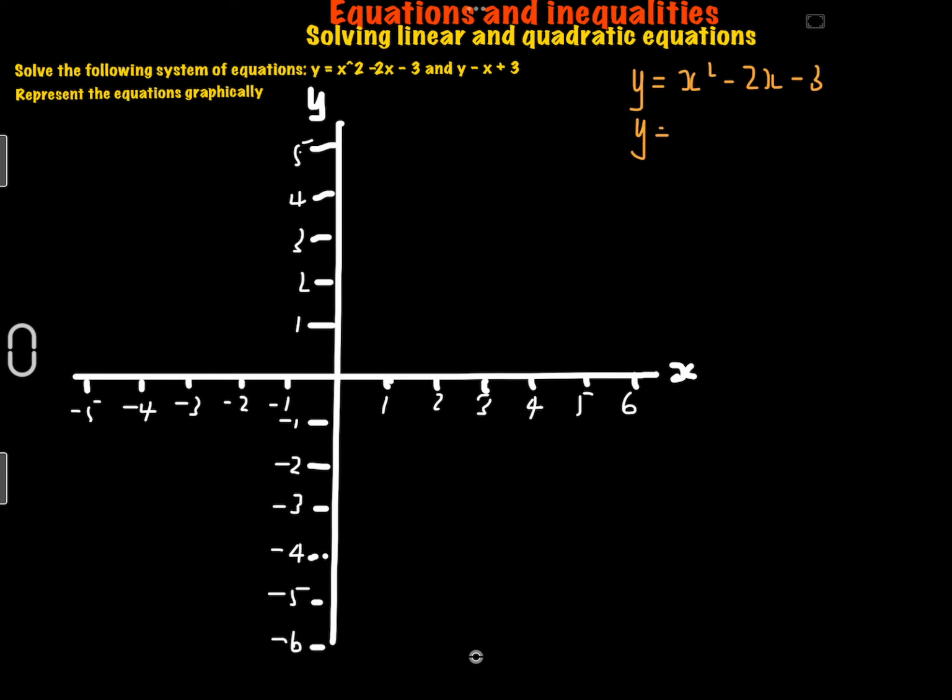So y = 0² - 2(0) - 3, so y = -3. What does this mean? It means that when x = 0, y = -3.